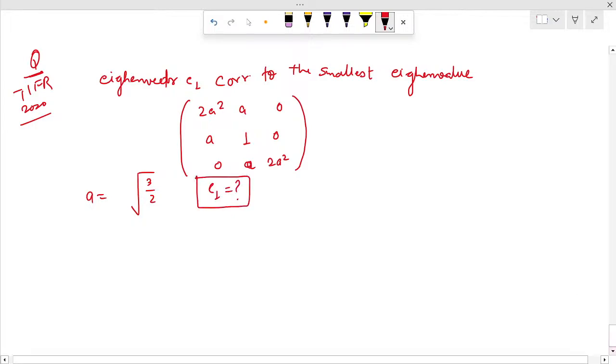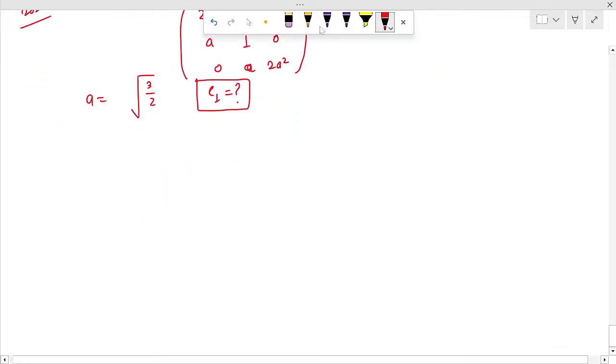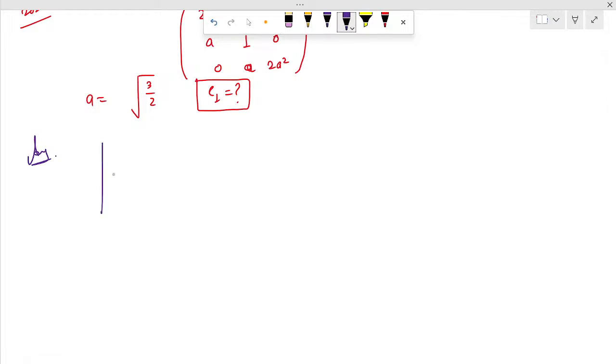So how to find it? Clearly, first we have to find the eigenvalue. I have told you how to find the eigenvalue. You have to find the determinant of the matrix with 2a square minus lambda, a, 0; then a, 1 minus lambda, a; and then 0, a, 2a square minus lambda. You have to equate this determinant to 0.